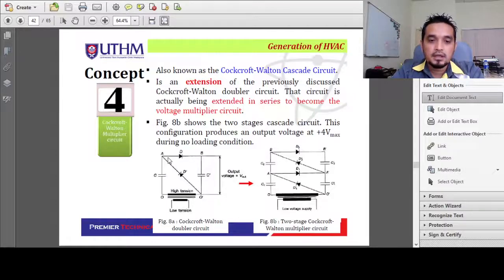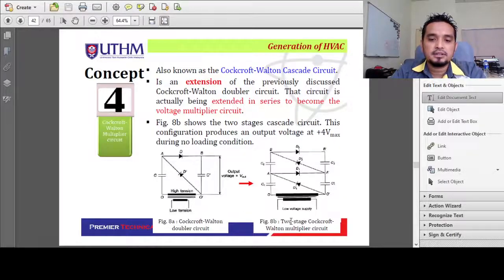For the multiplier circuit, we simply add another circuit to the top. What we need to include is D1, D2, C1 and C2, which we call D prime, C and C prime.